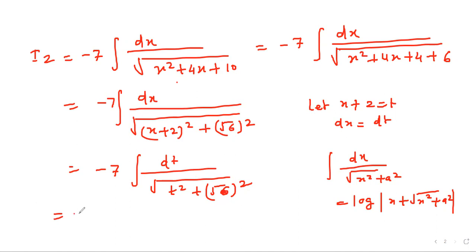So it will become minus 7 log of t plus root of t square plus 6 plus c, where t equal to x plus 2. So we can write it here and then we simplify.